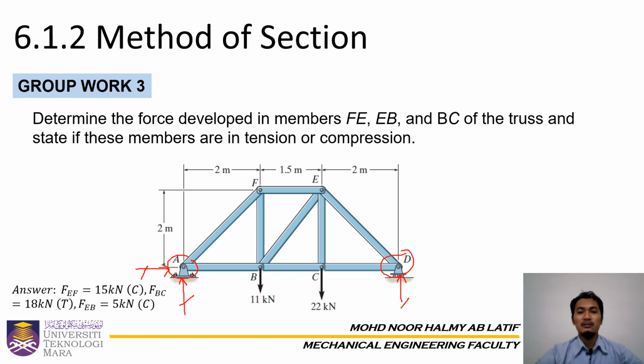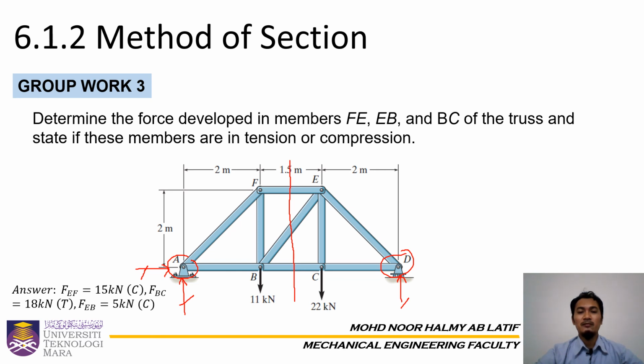Next, mark the area that we want to analyze. In this case is FE, BC and BE, which is over here. Then cut the section and draw the free body diagram by using the equation of equilibrium particle.